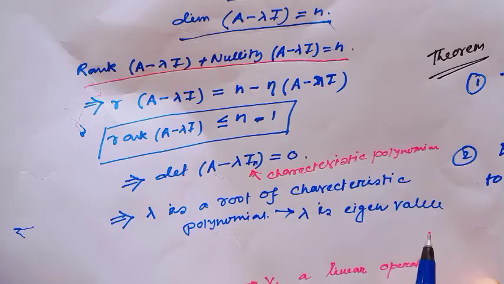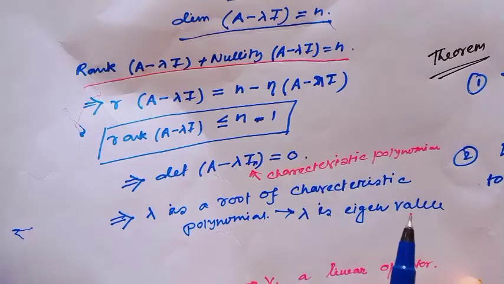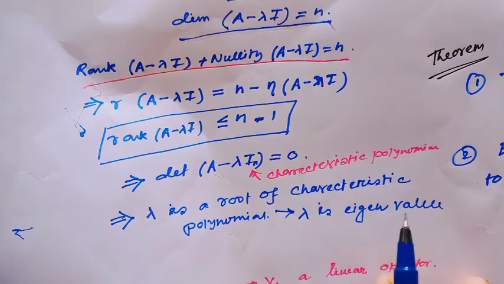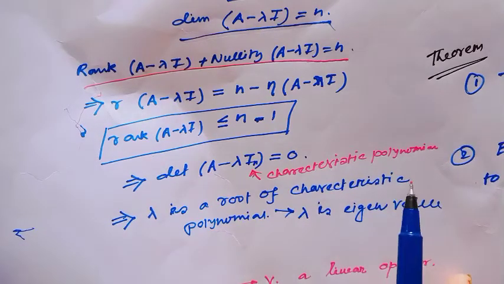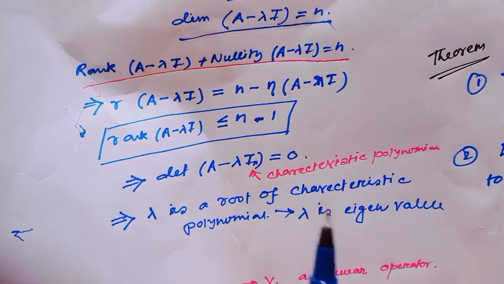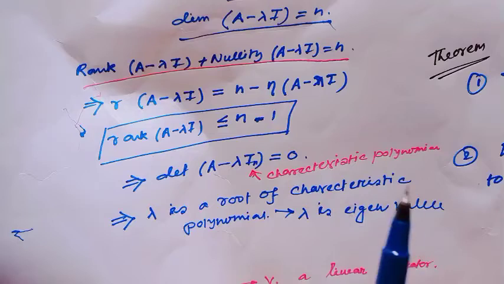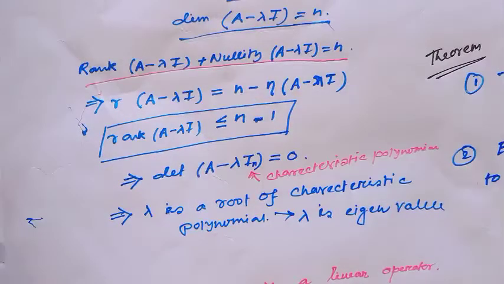So from the characteristic polynomial I will always get an eigenvalue, and also from an eigenvalue I will always get the equation of the characteristic polynomial. That means the set of eigenvalues and roots of the characteristic polynomial are actually the same.